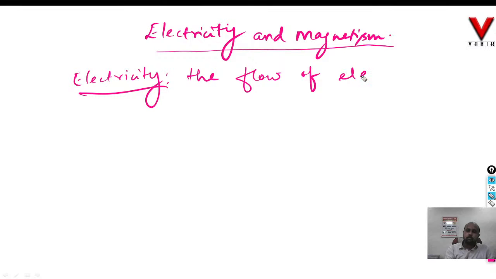The flow of electrons constitutes electric current.